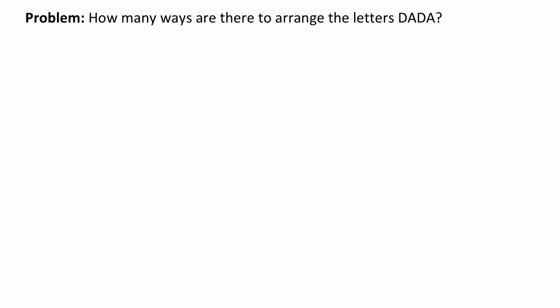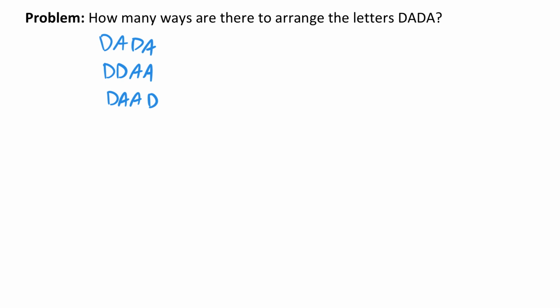Let's look at the letters of the word dada. Well, we have D-A-D-A. We could have D-D-A-A. I'd encourage you to pause the video and see if you can write out all the different options. All right, I'm going to keep going here. We'd have D-A-A-D.